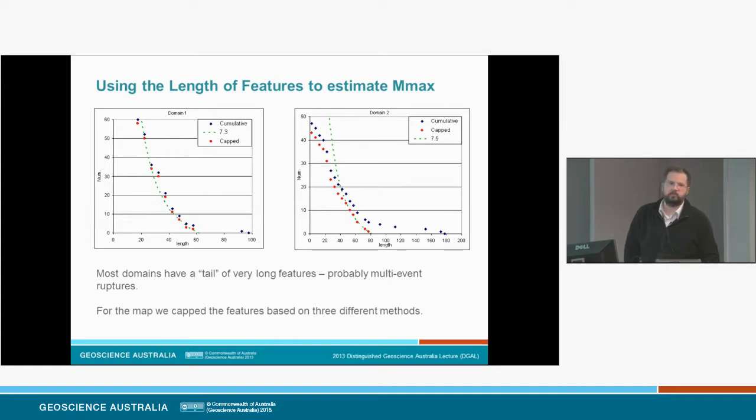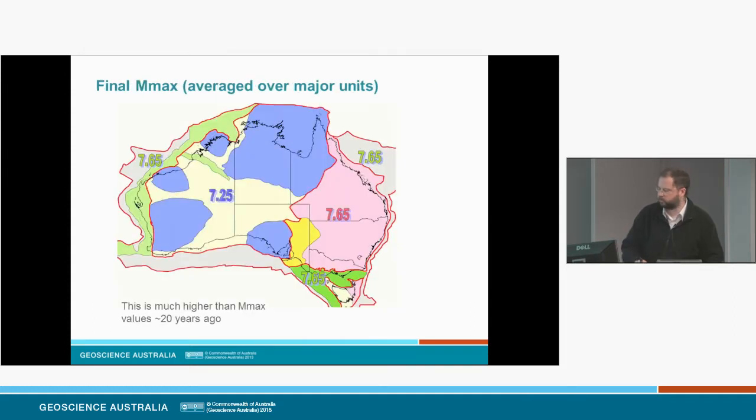So we went through a couple of different ways of trying to separate this catalogue out into single event features and multiple event features. And what we get with various different methods is the red dots. And in domain 2, it looks like we can say reasonably well that earthquakes up to 7.5 seem to have occurred, and there are larger features which probably host multiple 7.5s. Again, if you want to know how we split the two catalogues, I refer you to the GA record.